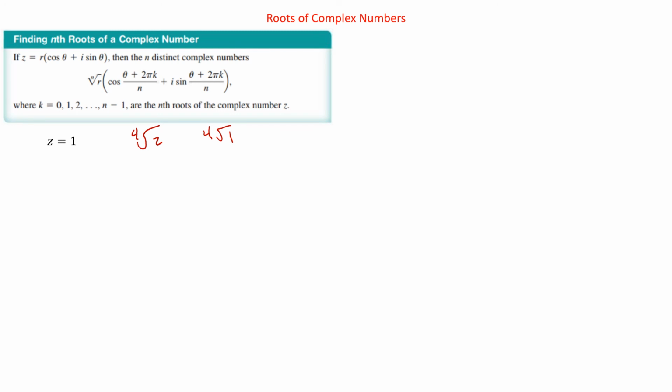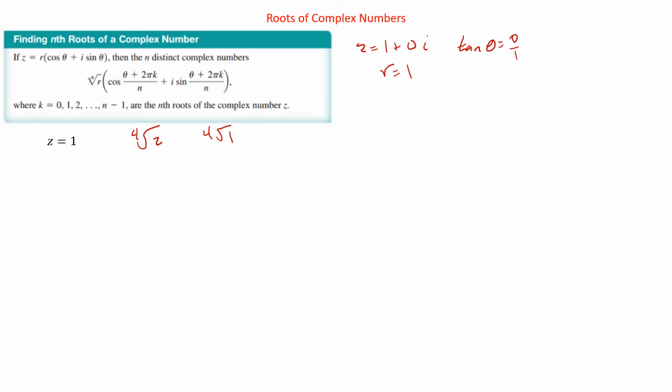And so we're going to look at this, and we need a complex number. 1 is a complex number. z equals 1 plus 0i. a is 1, b is 0, which means the radius is 1. Tangent theta is b over a, so 0 over 1.